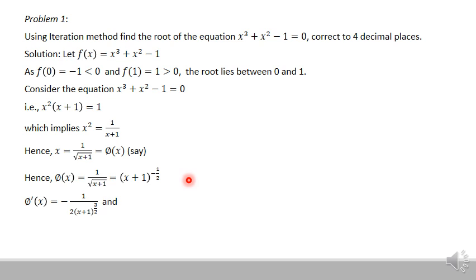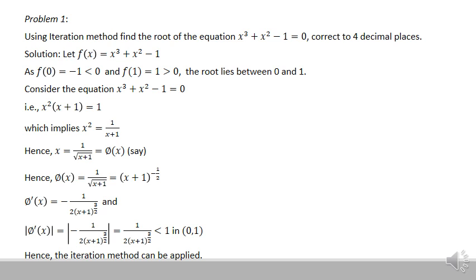We'll find out the first derivative and see its absolute value in the interval 0, 1. We observe that modulus of this value is less than 1 in open interval 0, 1, and hence it satisfies the condition, and hence we conclude that this iteration method can be applied for the given function f of x. So we proceed.